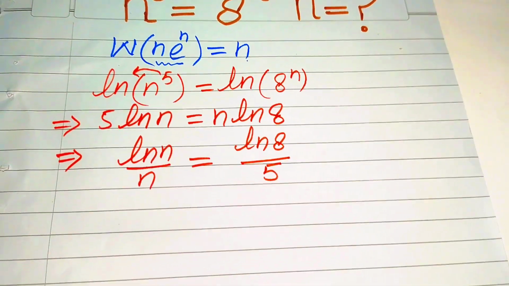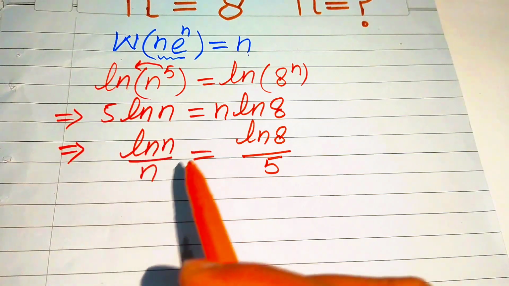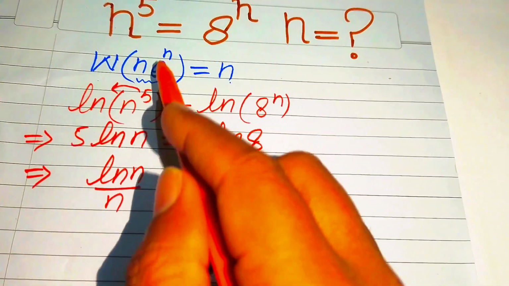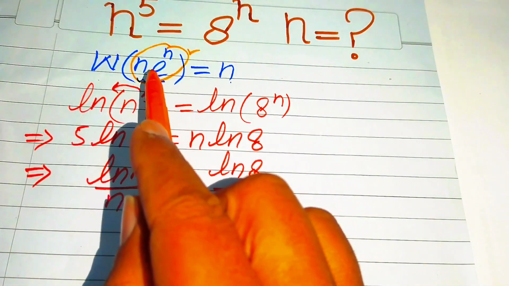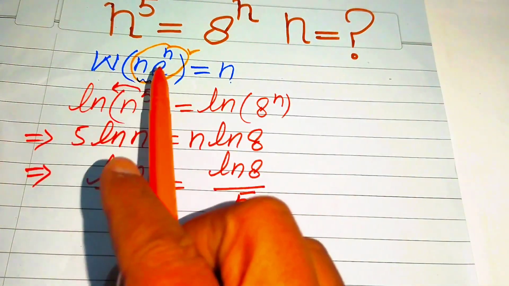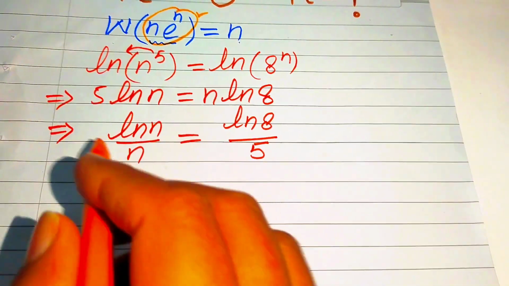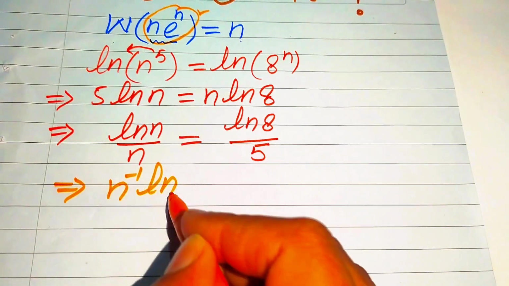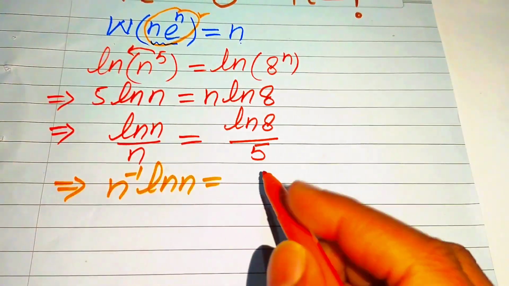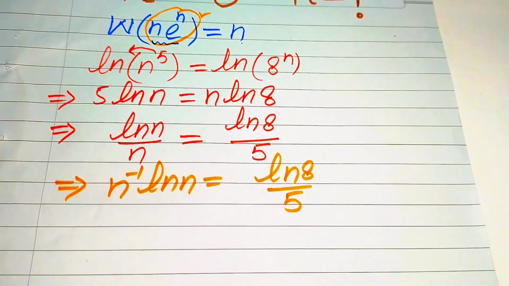In the next step we make the conditions like this, because we need to use the Lambert W function. So first we move this n upstairs, and we write it as n inverse times log n equals log 8 divided by 5.